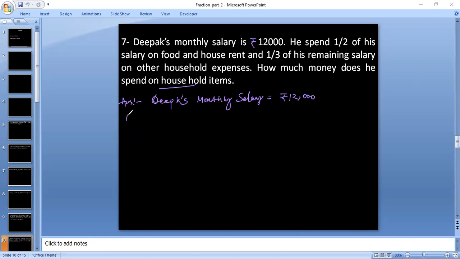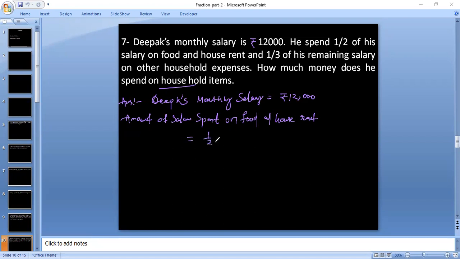So the amount of salary spent on food and house rent is equal to half of his salary.